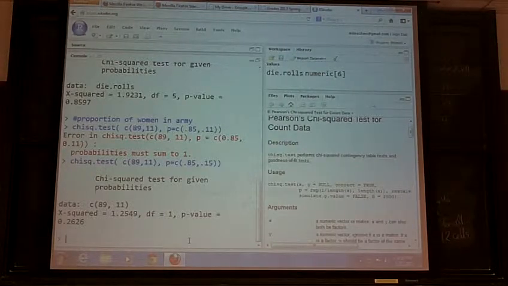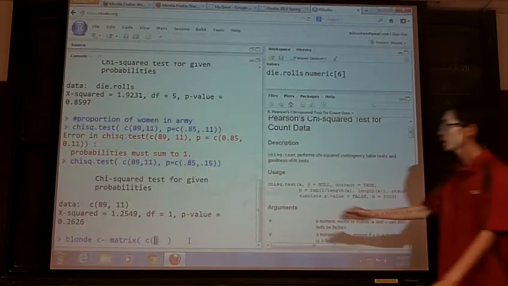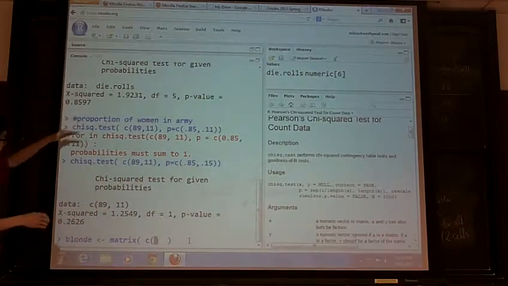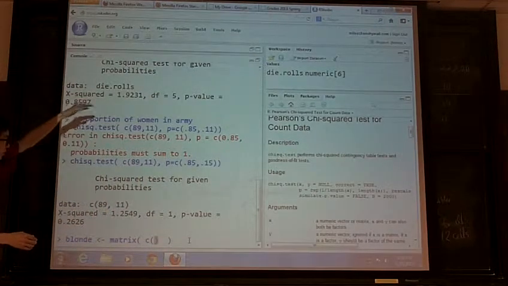All right. The other thing we want to do is for a 2x2 table or for a matrix. Let's say we were dealing with the blonde-haired thing. What we've got to do is create a matrix, and into the matrix I'm going to put the 4 values that I observe. The way R handles the observations is it goes down a column, and once it exhausts the column, it then goes down the next column.